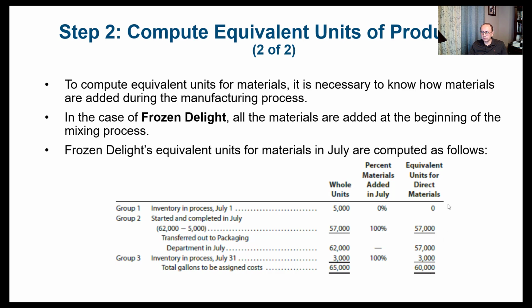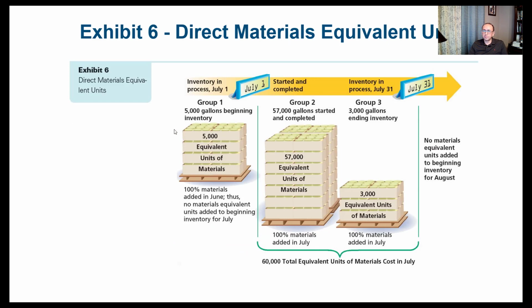For the equivalent units, we have 0 for group 1, 57 for group 2, and 3,000 for group 3. That's a total of 60,000 gallons. So here is the direct materials equivalent units. Again, remember, this is direct material. The calculation for direct labor and overhead would be slightly different in the next slides.